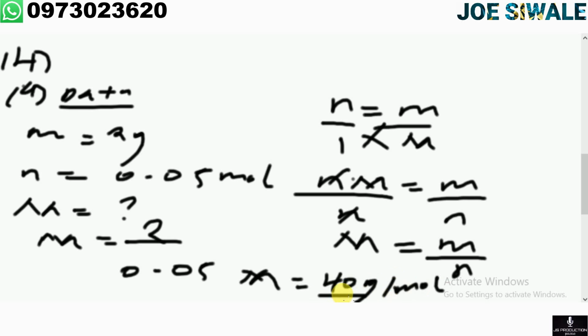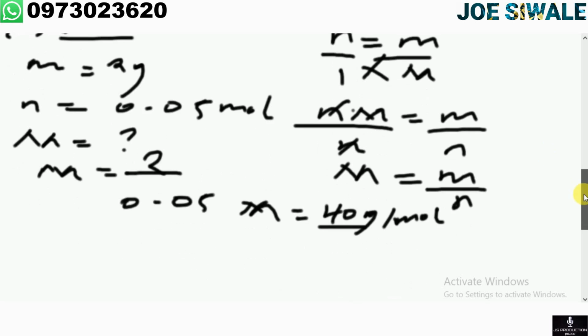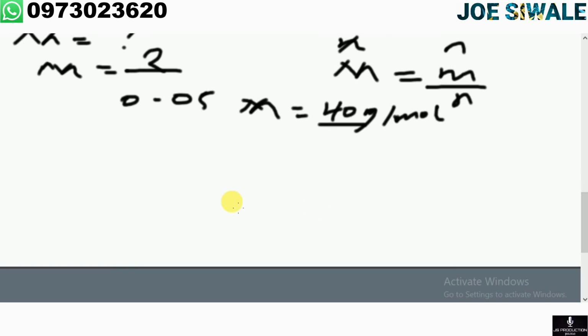I have found the molar mass, but the other thing the question is asking me to do is to name the element. So using the molar mass that I've calculated, I'm going to go on the periodic table. And if I go on the periodic table, the element that has the mass number of 40, that's calcium. So this means if I identify the element, it will be calcium.